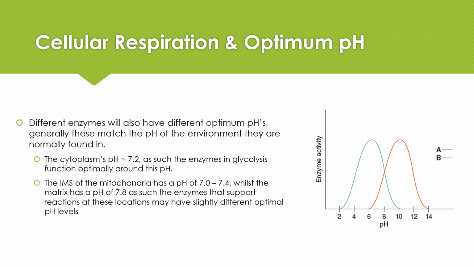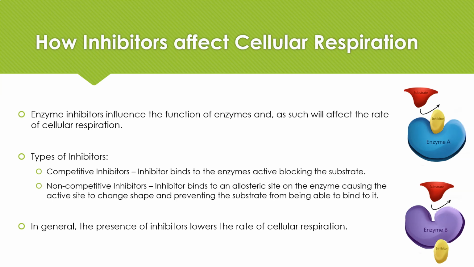So this brings us to inhibitors, and we've addressed inhibitors before. We know that there are two types: competitive inhibitors, which attach to the active site and actively block the substrate from attaching, versus non-competitive inhibitors, which attach somewhere else on the enzyme, cause a change to the shape of the active site, and stop the substrate from binding.